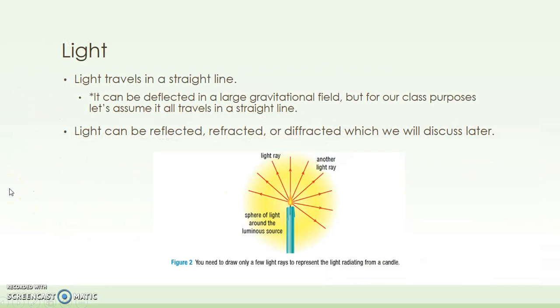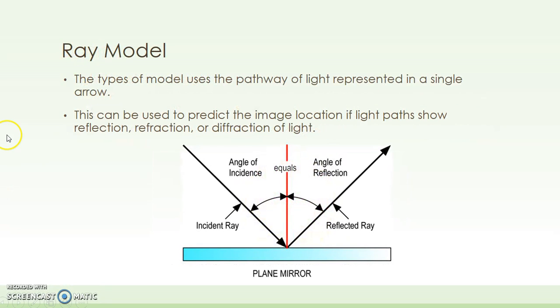Light, remember, travels in a straight line. It can be deflected in a large gravitational field, but for our class purposes, let's assume that it always travels in a straight line. Light can be reflected, refracted, or diffracted, which we will discuss later, and how this can alter different images. We use something called the ray model, which uses the pathway of light represented by a single arrow.